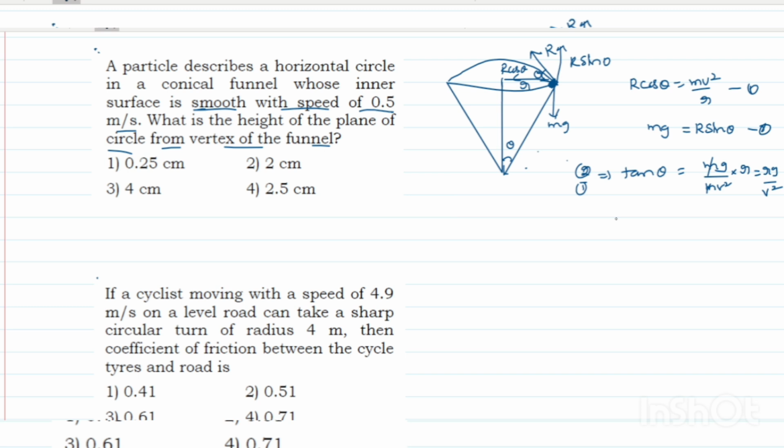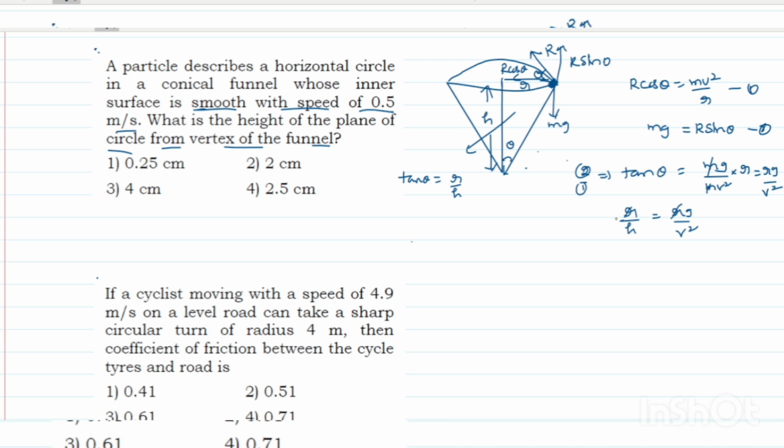So from this triangle, tan theta, this is the height you can take, the height of the plane of the circle from the vertex they are asking. So tan theta is nothing but r by h, opposite side by adjacent side. Here r by h is nothing but r into g by v square, and r gets cancelled.